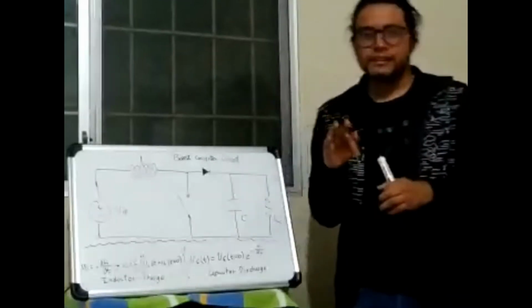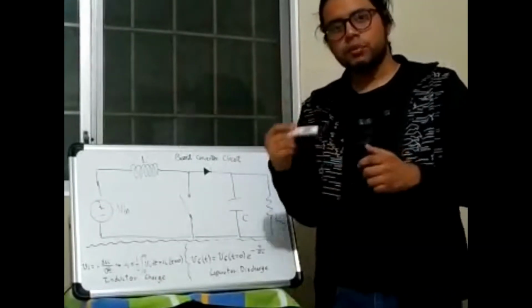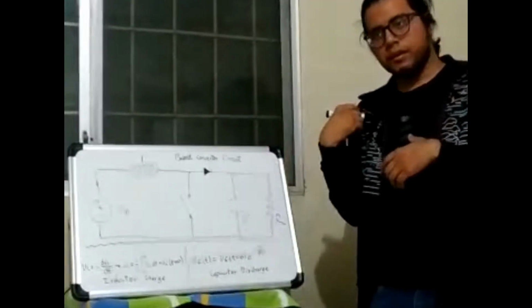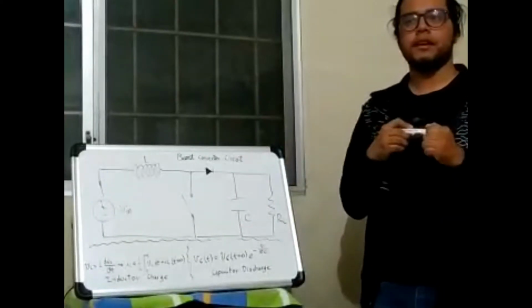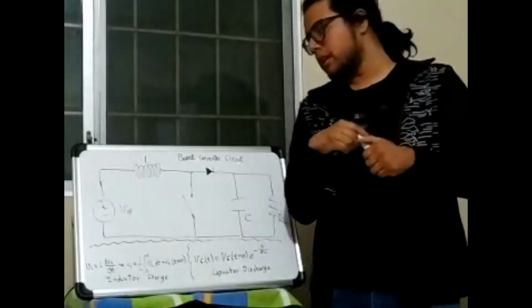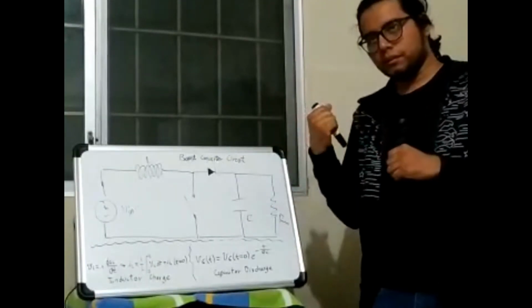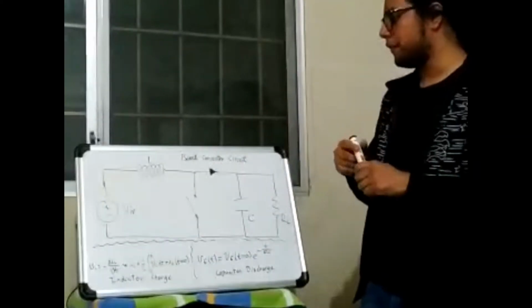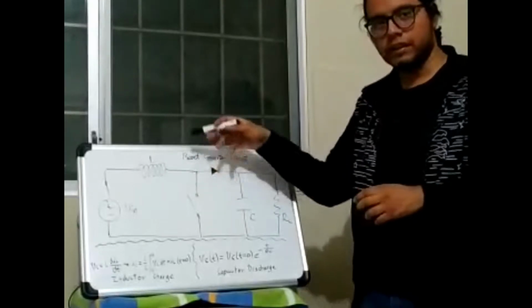But we have three cases because this is an RLC circuit. We have the overdamped case, the critically damped case, and the underdamped case. In the underdamped case, the current is oscillating in the inductor.